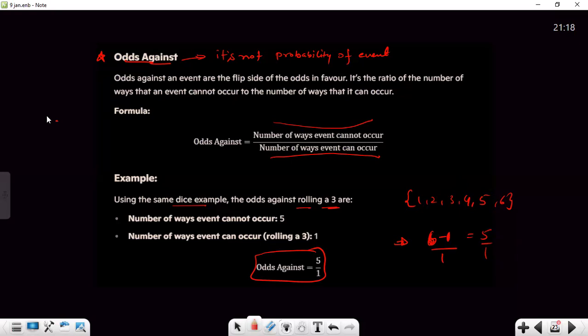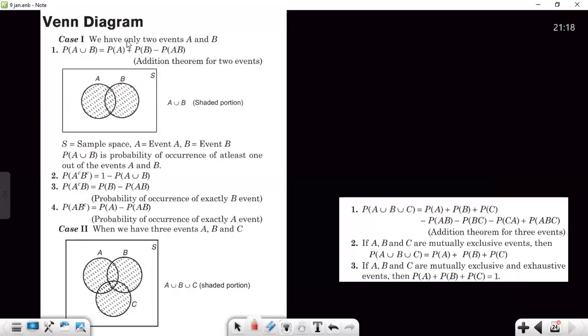Okay, so let's move ahead. We have already discussed this. It is just saying that if you have to find the probability of event A happening or B happening, we'll use the set formula from sets and find the probability using this formula. Now, let's understand how this formula is derived.